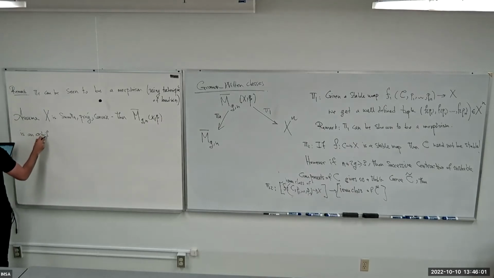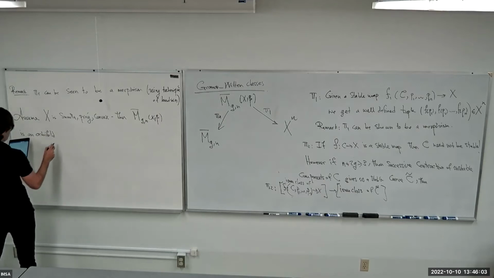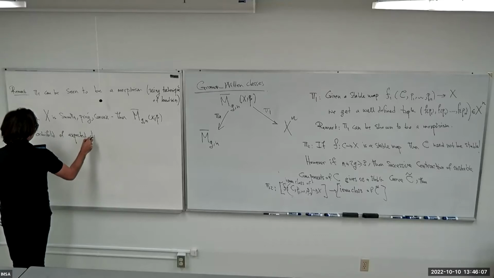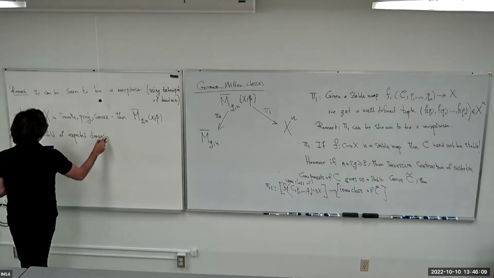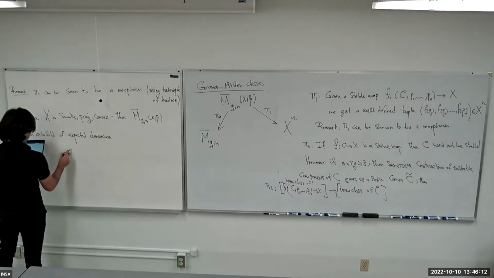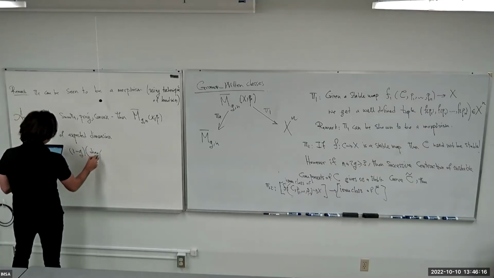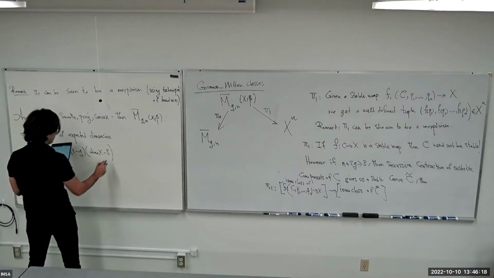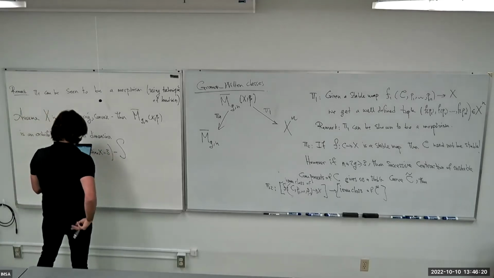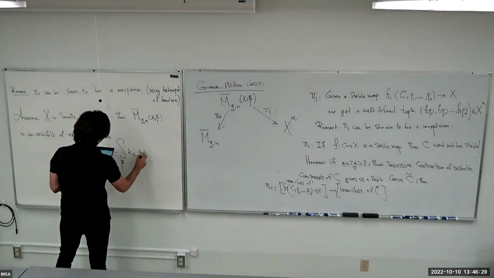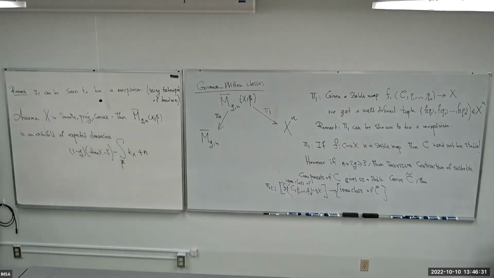An orbifold, we discussed it, of expected dimension (1 minus g) times (dimension of X minus 3) minus the integral of the canonical bundle of X over beta plus n. That's some result.